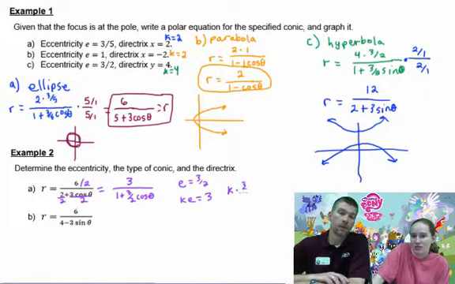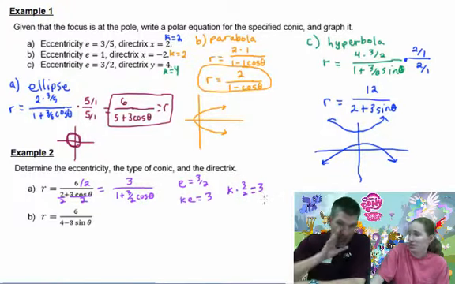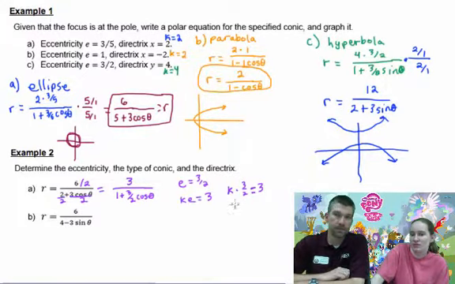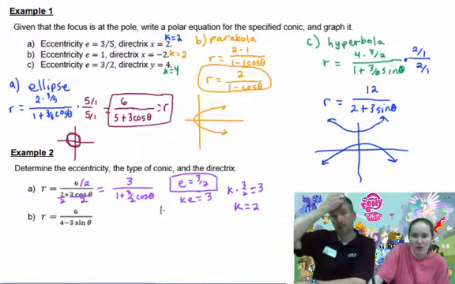You can either think about this and know what it is, or multiply both sides by 2/3. k has to be 2, because 2 times 3/2 gives you 3. So k equals 2, and e is 3/2. Since that's bigger than 1, that means we have a hyperbola.